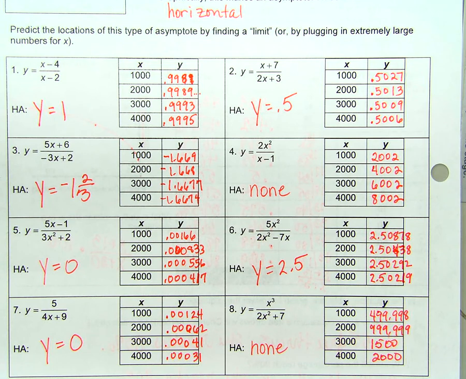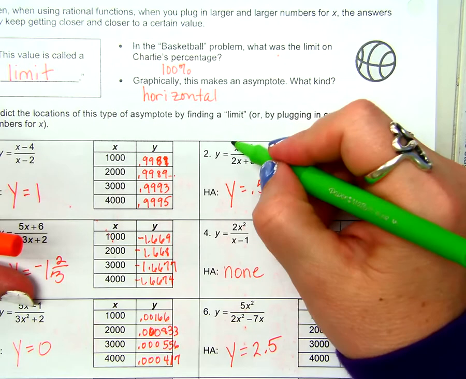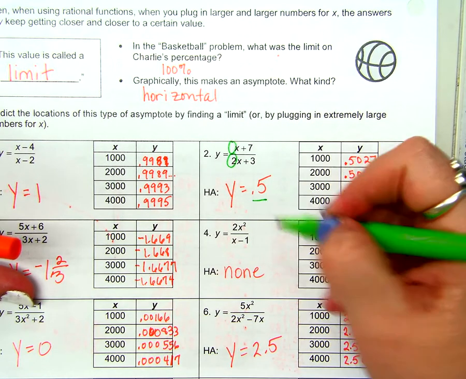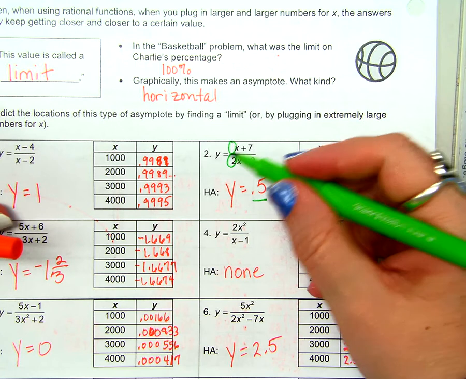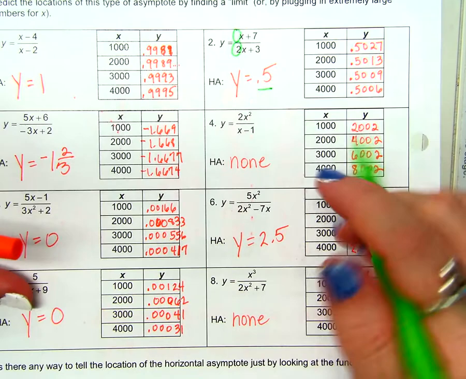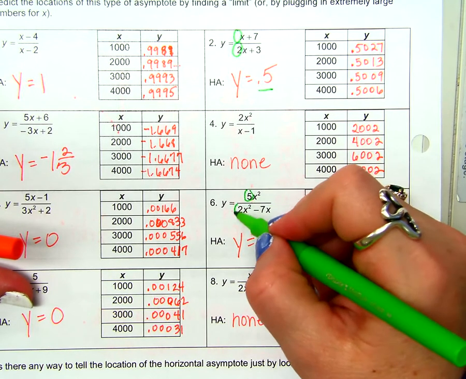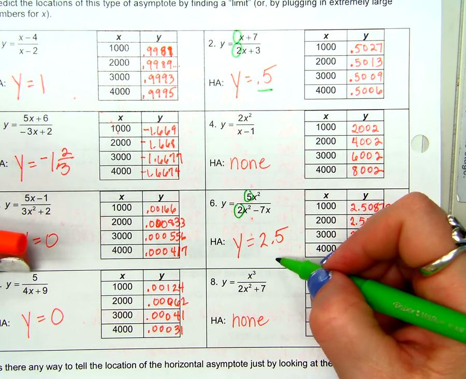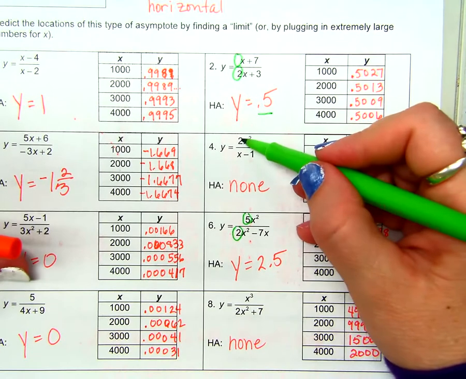If I have a 1 divided by a 2, I should get a 0.5. A 5 divided by a 2 gives me a 2.5. But a 2 divided by a 1 is none.